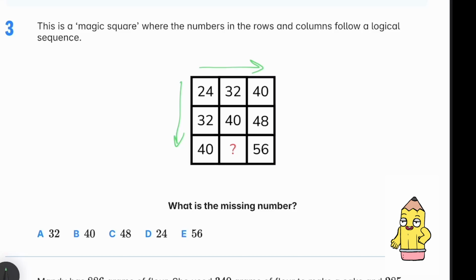Let's find the difference between these. So 24 to 32 to 40, we know that's plus 8, and that's all good. To find the missing number now, we need to simply add 8 to the number to the left of it, which is 40. And that gives us 48. So C is our answer.